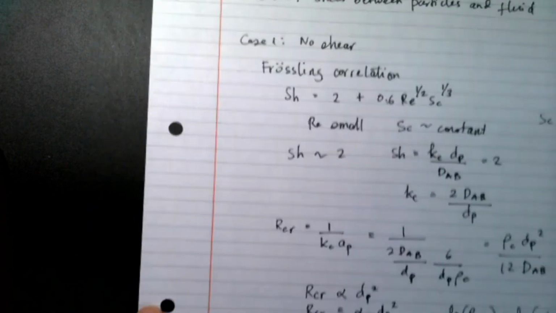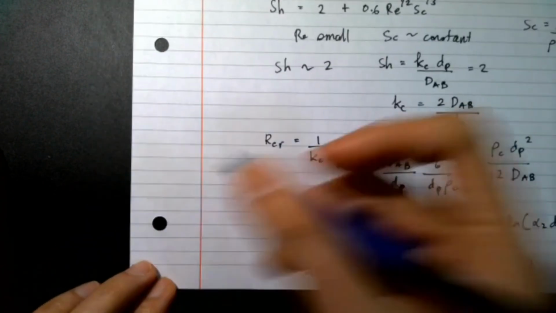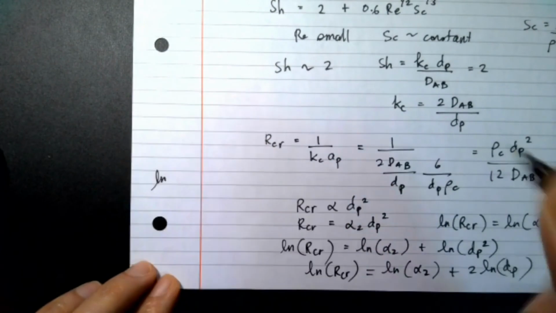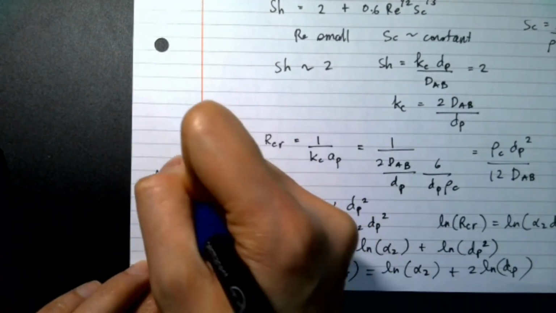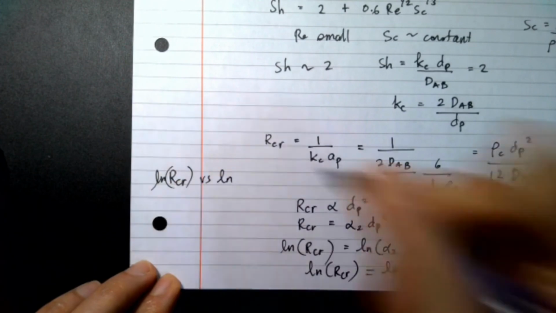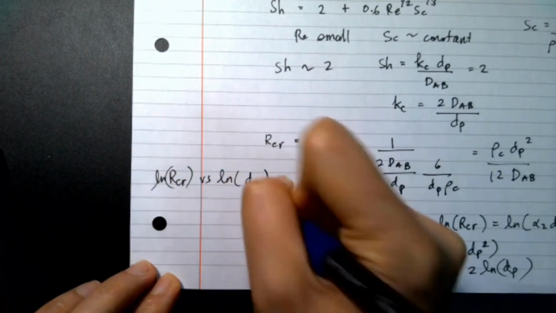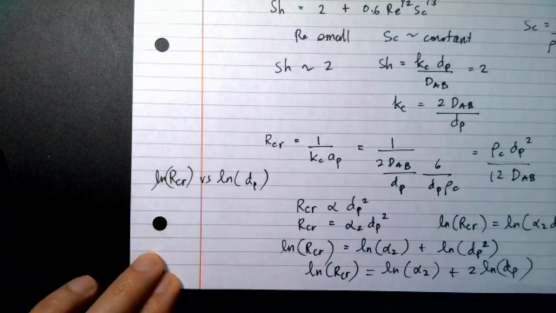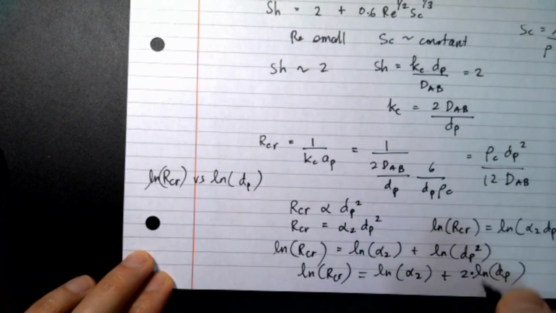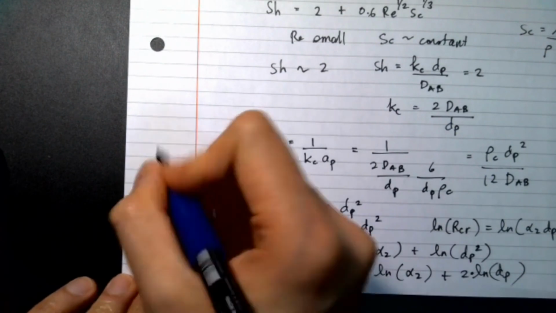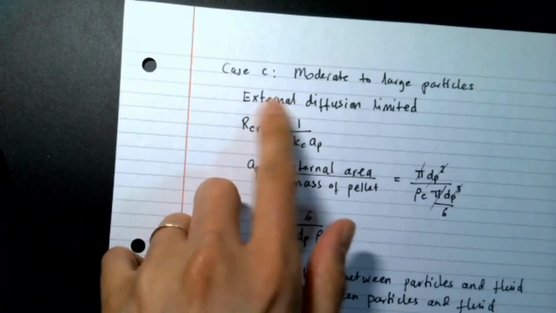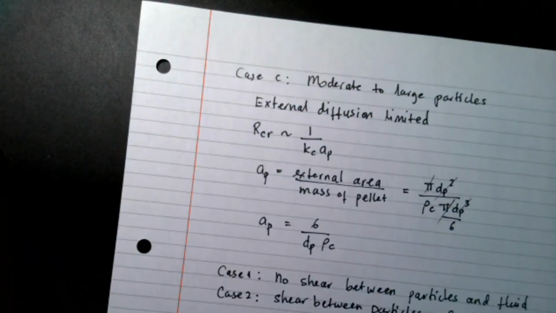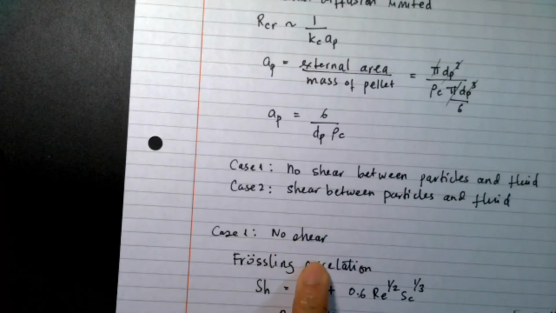So therefore, we can plot ln, or the log of the combined resistance versus the log of the particle diameter dp, and the slope of this plot. So slope is equal to 2. If the slope is equal to 2, then external diffusion is the rate limiting step and there is no shear.